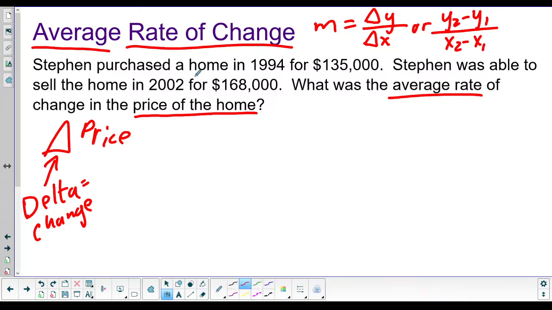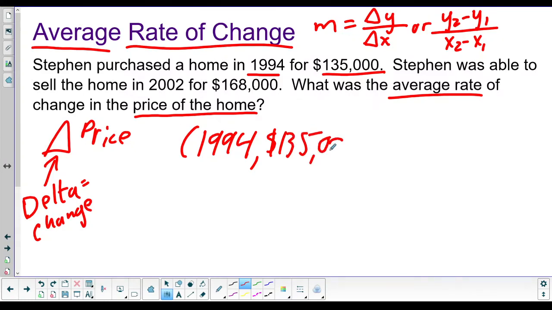So let's start by finding our ordered pairs. Here is a starting time, and here is a starting price, so we can turn that into an ordered pair. In 1994, his house was worth $135,000. This comma is part of the number, not part of the ordered pair.